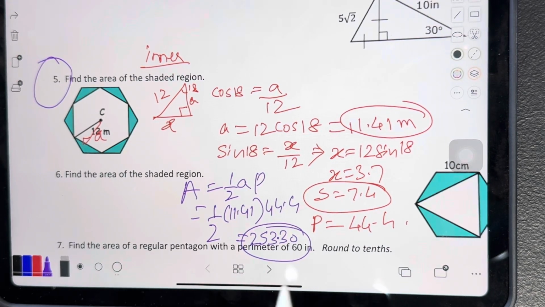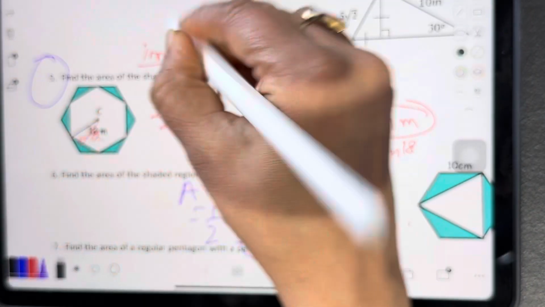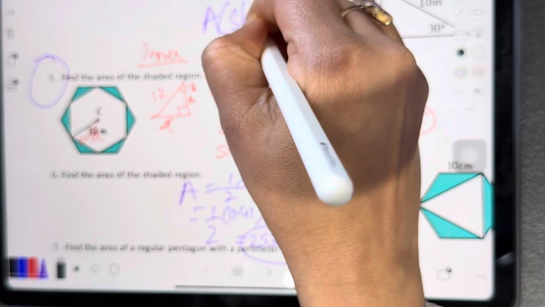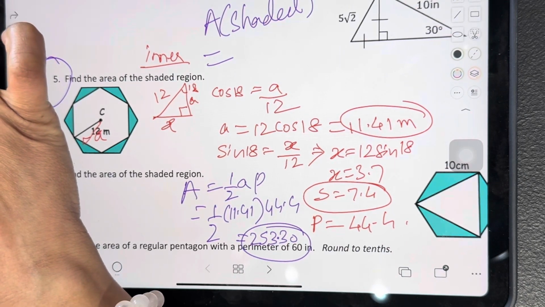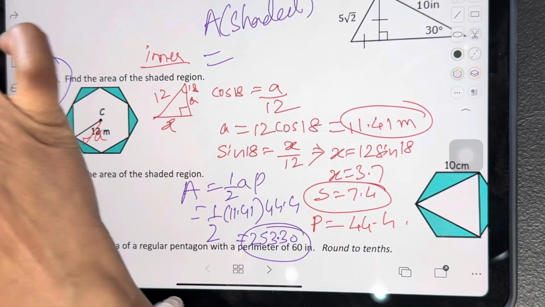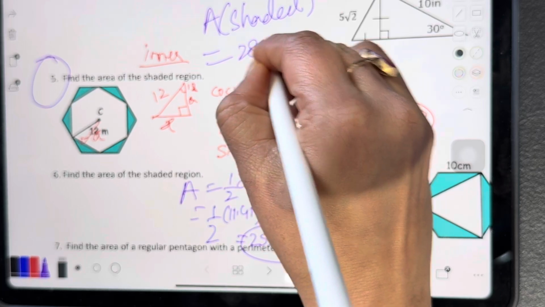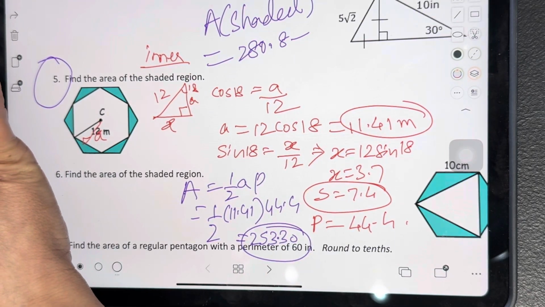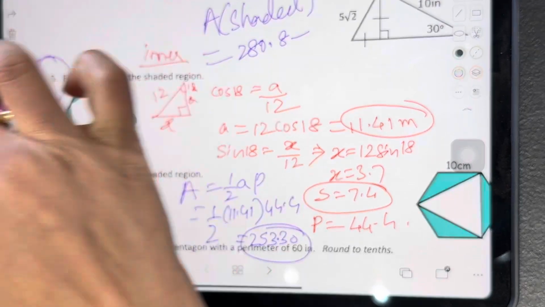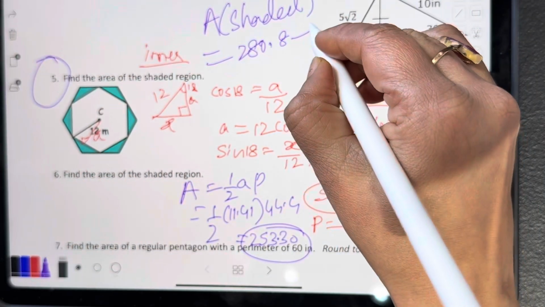And now you can subtract. The area of the shaded region will be equal to the outer one. I have to check what was the answer, 280 something, 280.8 minus this one, 253.30.